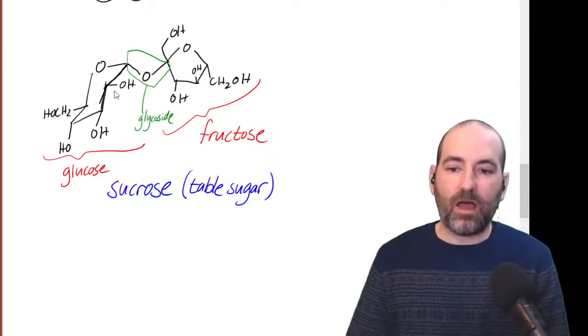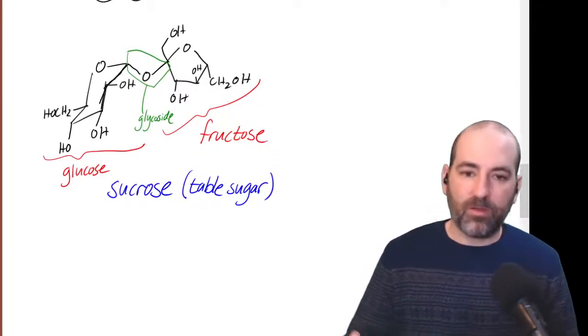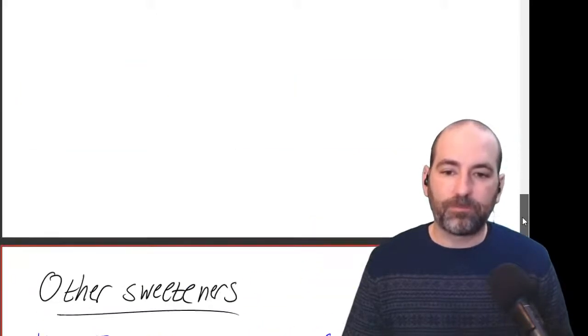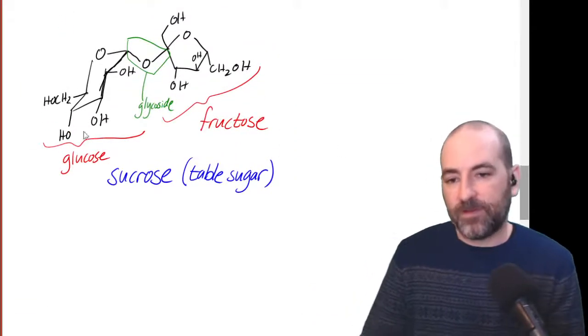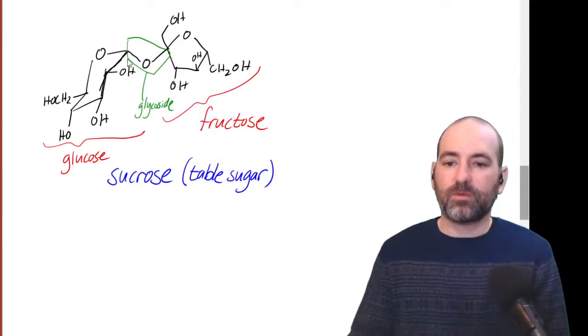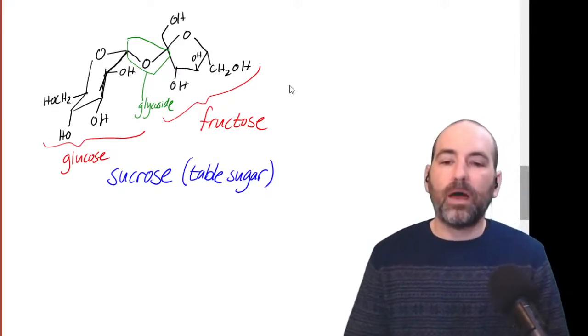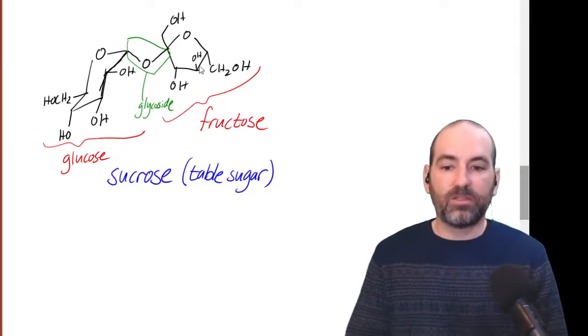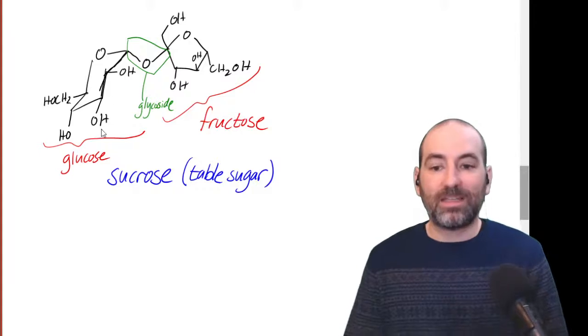You end up breaking down not only the sucrose, but some other saccharides in there as well, and forming some more fructose. Now, fructose is a 50-50 component of regular table sugar, so 50% fructose, 50% glucose. But when it's broken apart, fructose is actually sweeter than sucrose, and glucose is less sweet than sucrose.